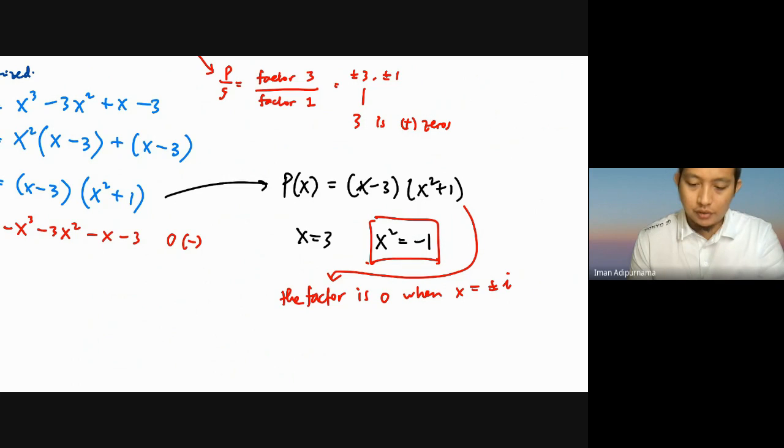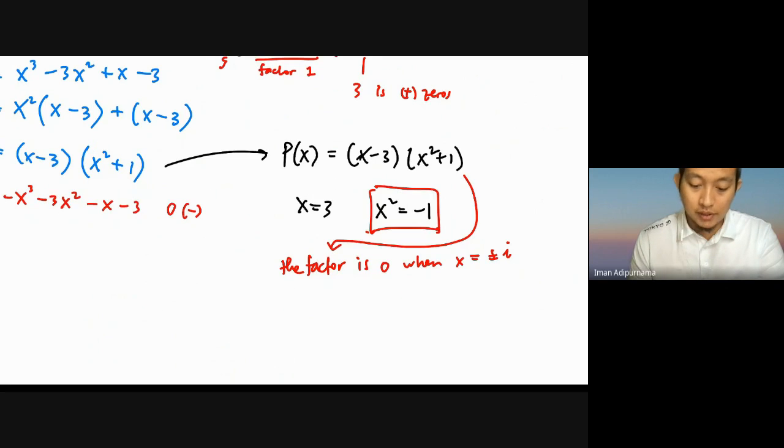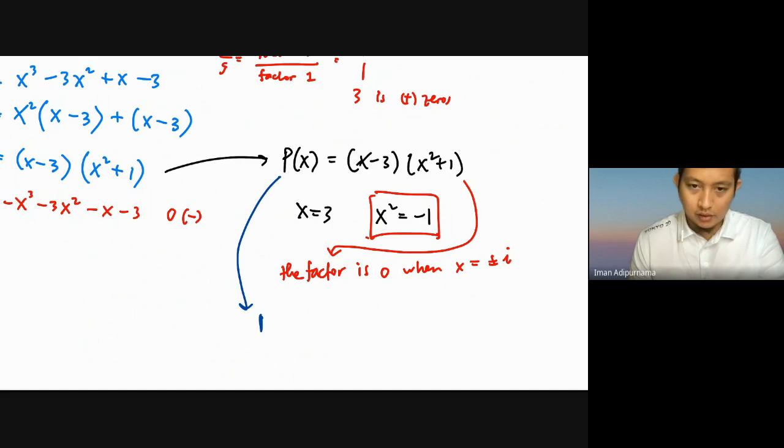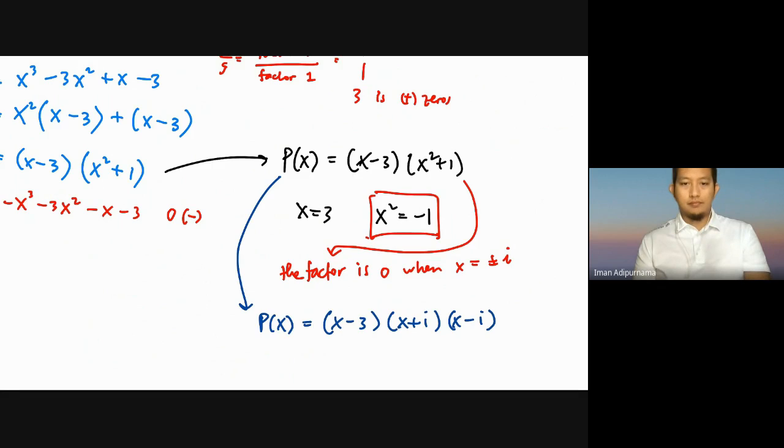And we can also write this using the complex, making p of x equal x minus 3, x plus i, x minus i. So the zeros are 3, i, and negative i.